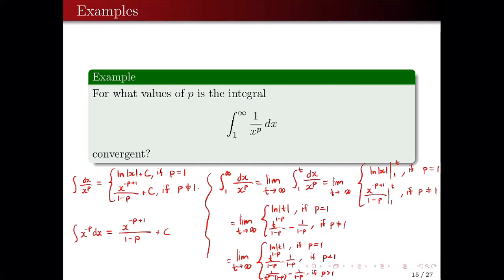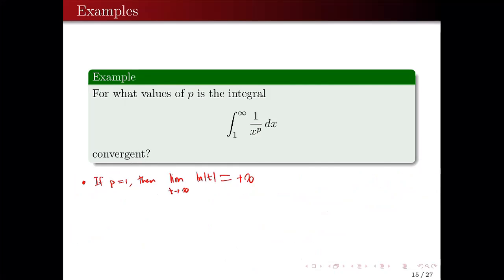Next. When p is less than 1, we have the following. Limit as t approaches plus infinity of t raised to 1 minus p over 1 minus p, minus 1 over 1 minus p.